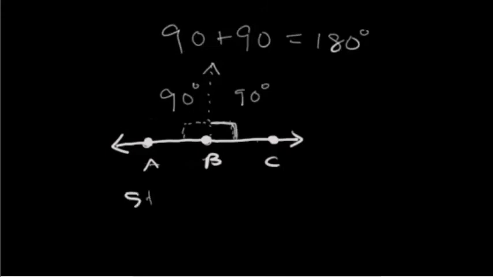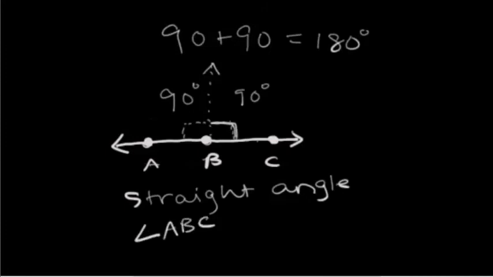So this is called a straight angle. And we name it exactly the same as we did all of our other angles. We give it the little angle mark and we go angle ABC. And it measures 180 degrees.